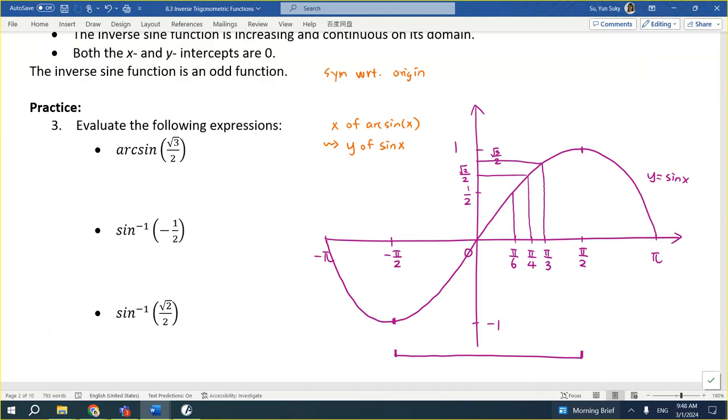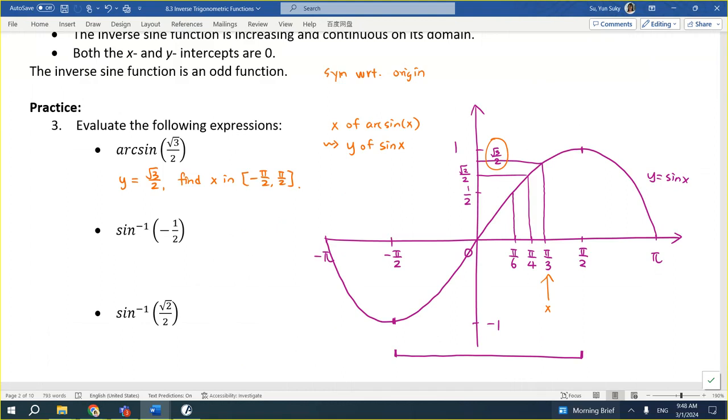So this means if we have y equals root 3 over 2, we want to find the x in the angle range minus pi over 2 to pi over 2, such that it maps to that. So you set the y, the y is root 3 over 2, and then you find the x. Do you see this point? What's your x? Pi over 3.